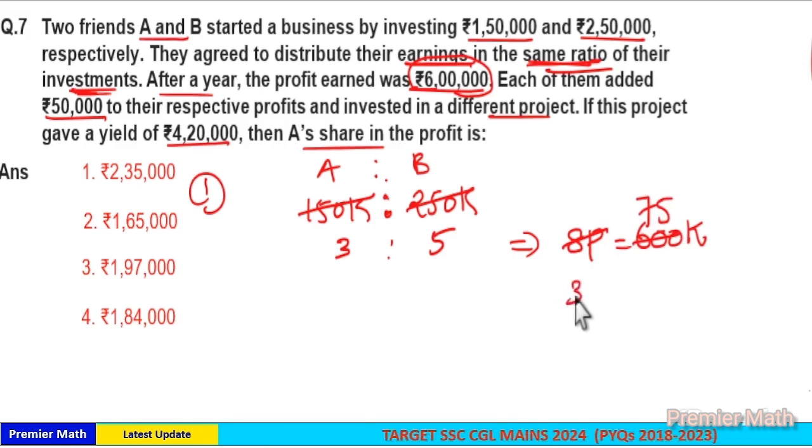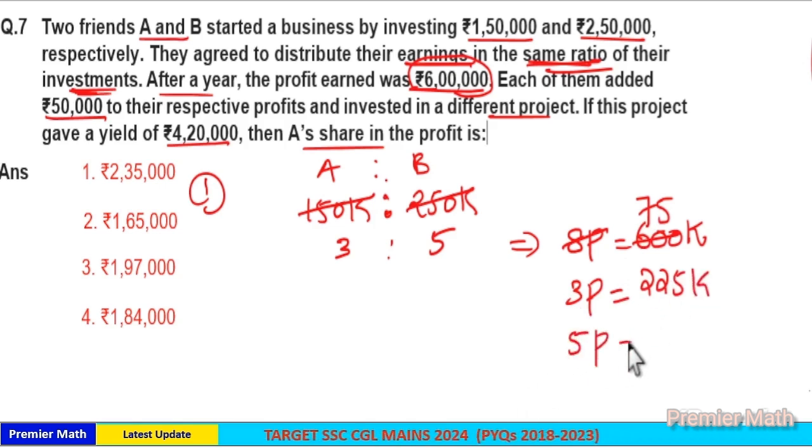Then 3 parts is equal to 3 into 75. 75 into 3 is equal to 225. So 225,000. Then 5 parts is equal to 75 into 5. 70 into 5 is equal to 350. 5 into 5, 25. So 350 plus 25, 375,000.